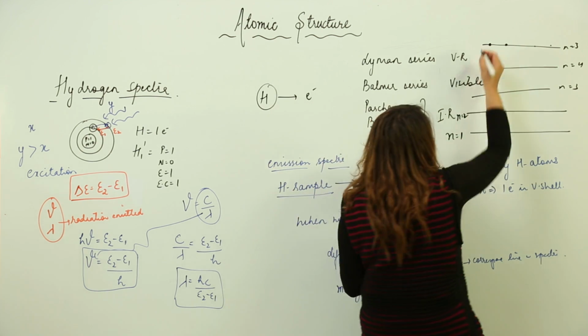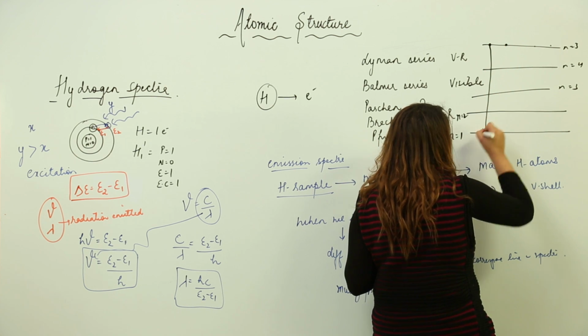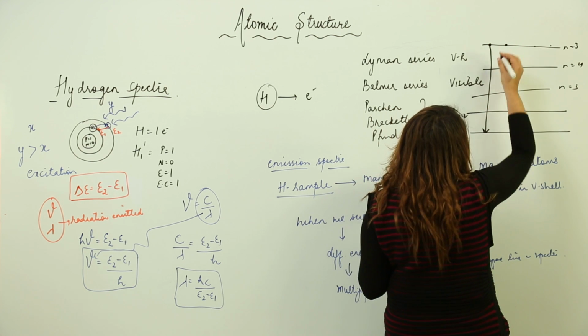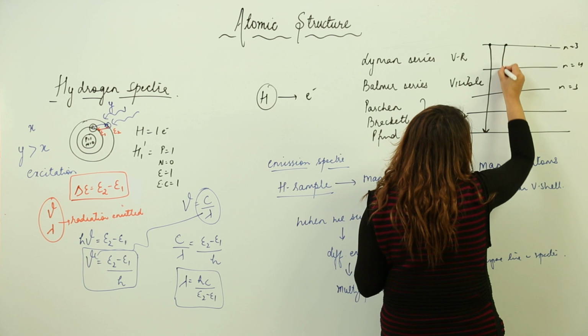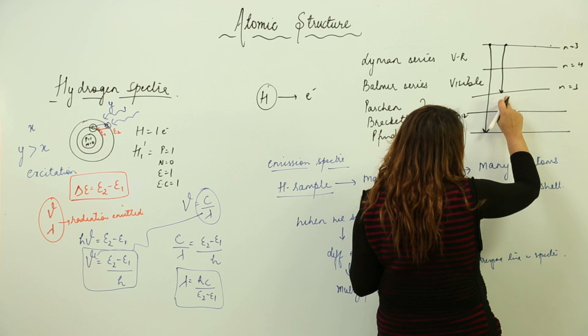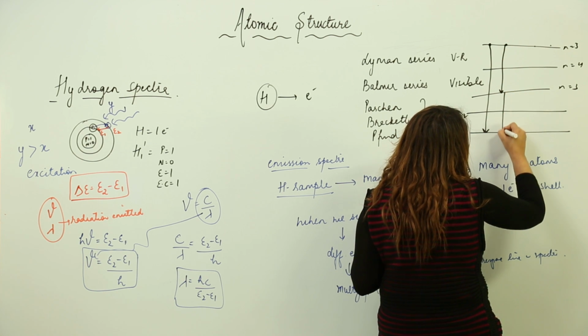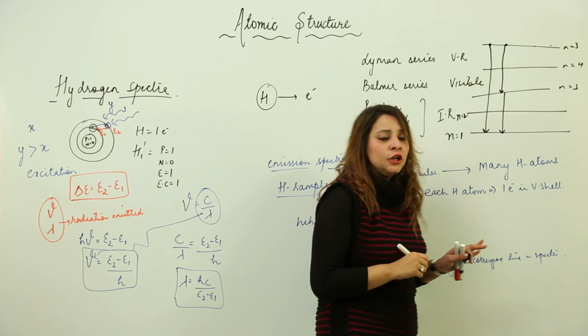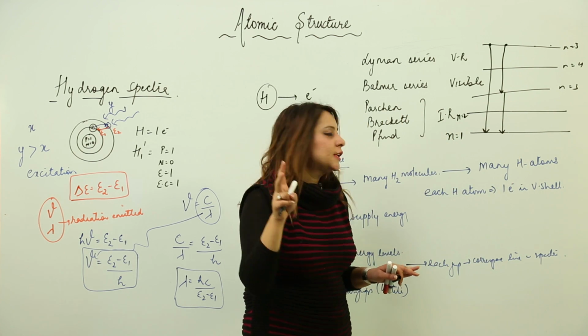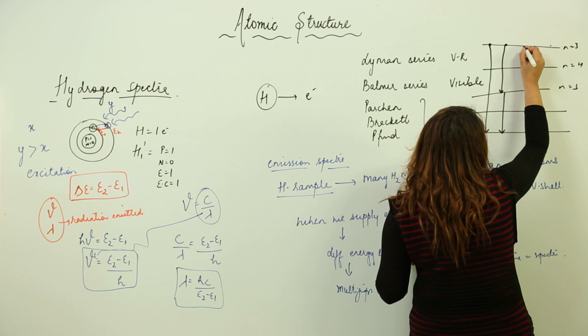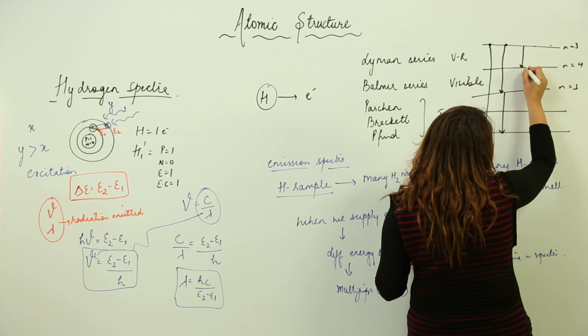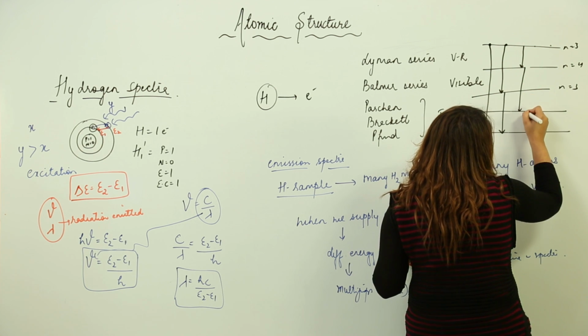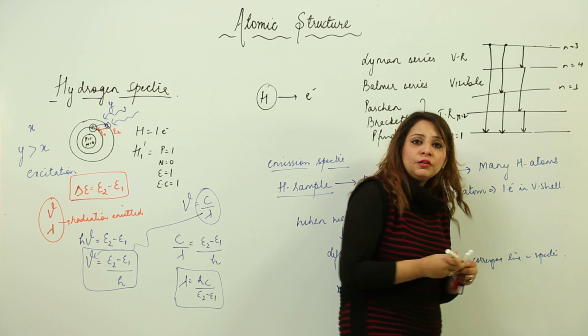Then it might directly jump into n is equal to 1, or there is a chance that it may come first into third shell, and from here it comes into first. So here it is making 2 jumps. There is a chance that it may come in 3 jumps.